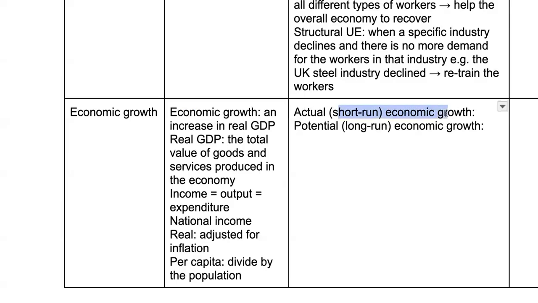You can either have short run economic growth or you can have long run economic growth. Is long run the one that's like projected, like they expect that to happen over time, like they plan for it, and then the other one is actual, so it's like what they've seen, like the progress they've made? You're quite close.